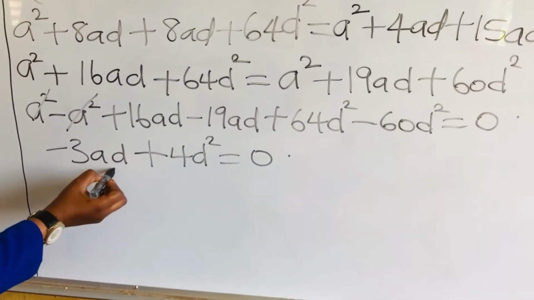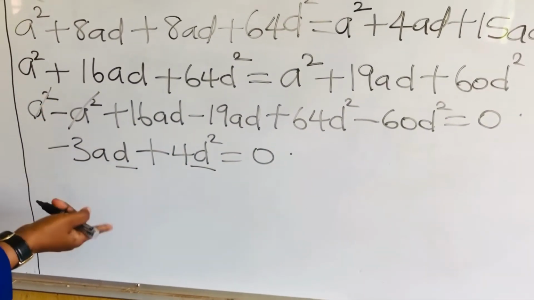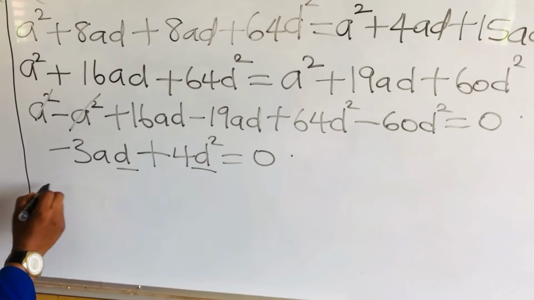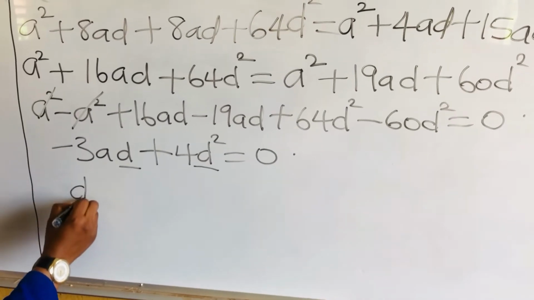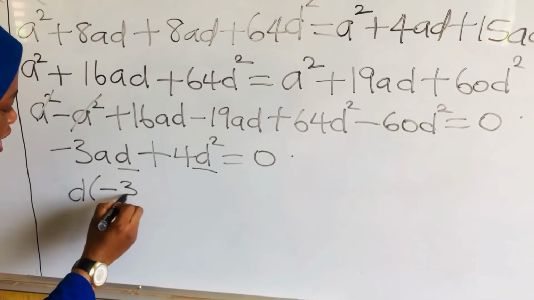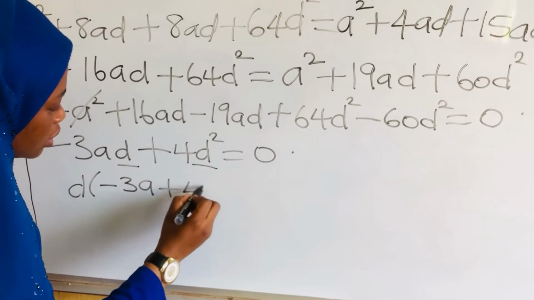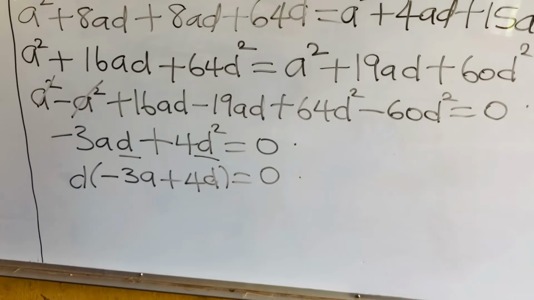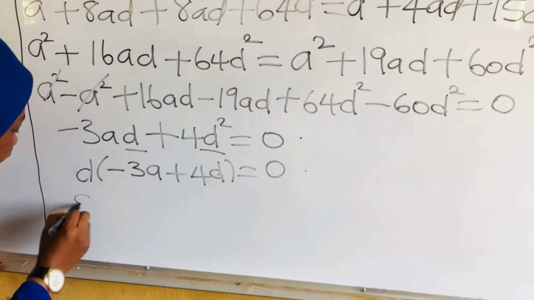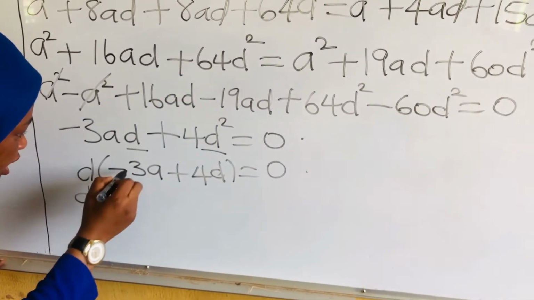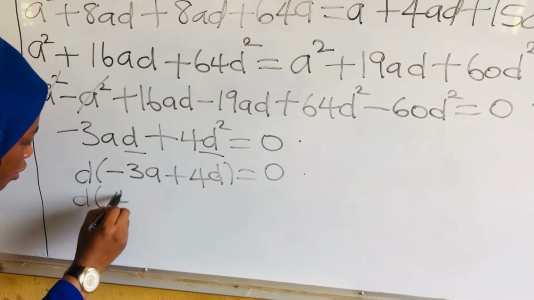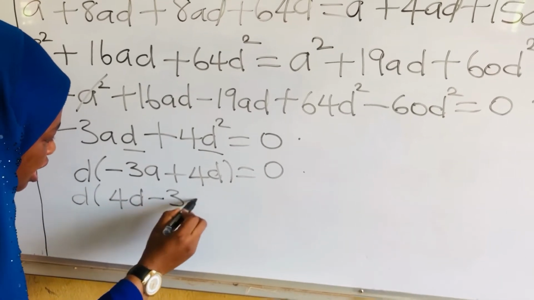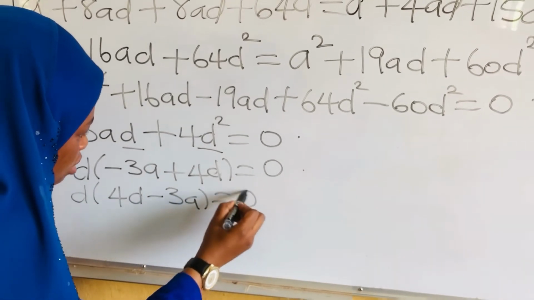So we can see that they both have d. So we can factorize d out. So we have d into bracket minus 3a plus 4d, everything is equal to 0. So here, let's write those numbers inside the brackets: 4d minus 3a, everything is equal to 0.